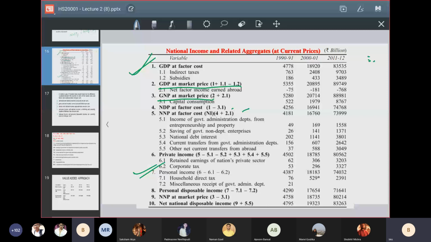Similarly, if you see the gross domestic product as well as your national income, the difference is around 1%.